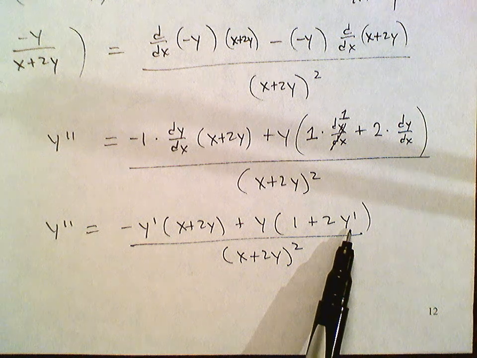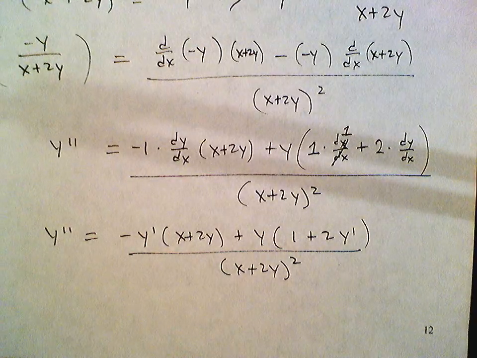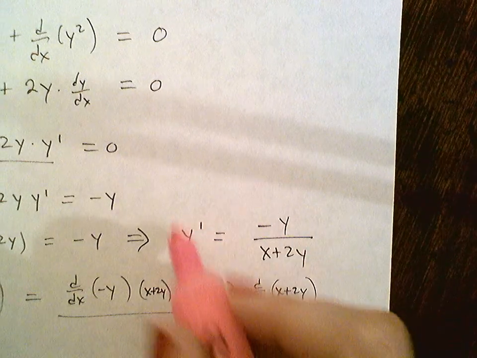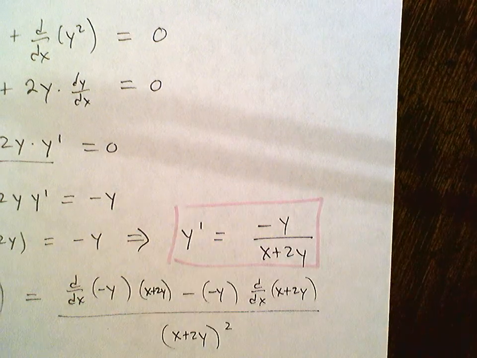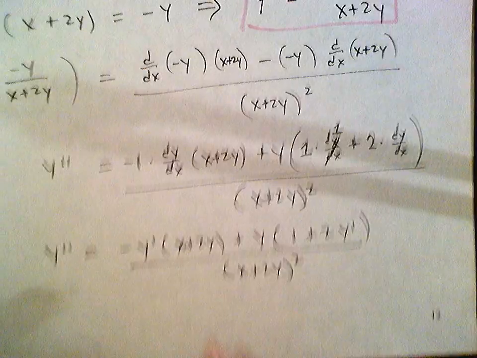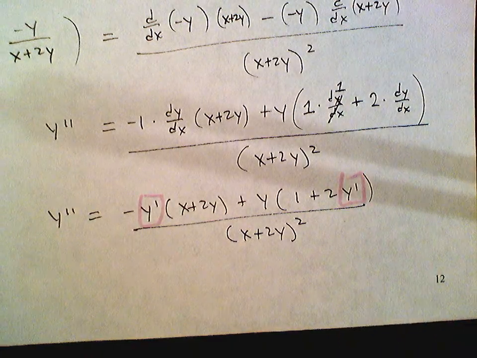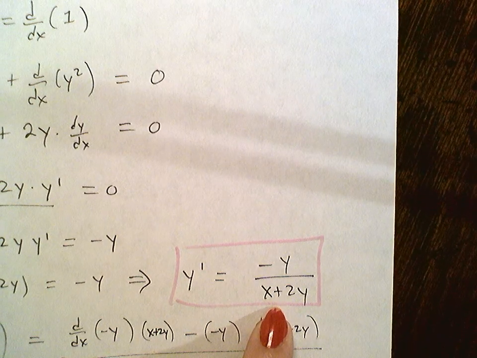But that's when you ask yourself, well, what is y prime? Back up here to what we did in this step, we know that y prime is equal to that. So wherever we see a y prime, this part here is just going to go in for it.